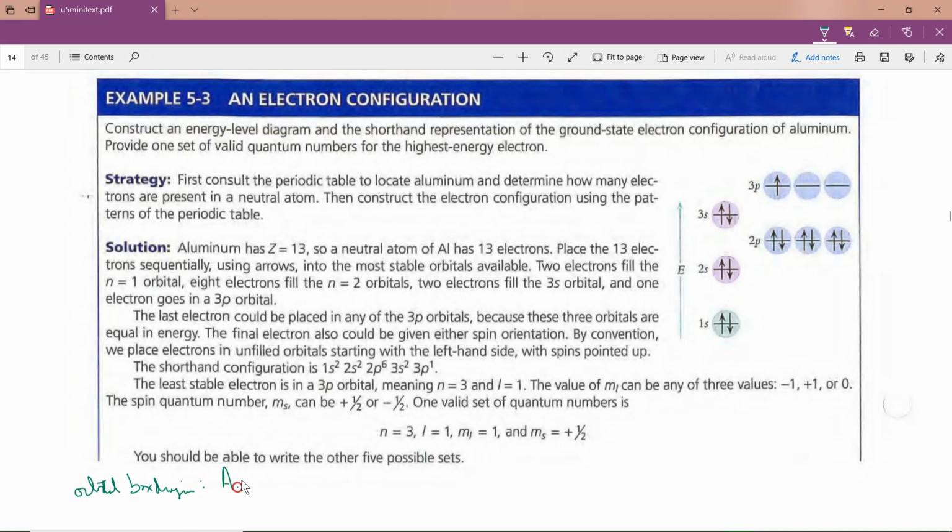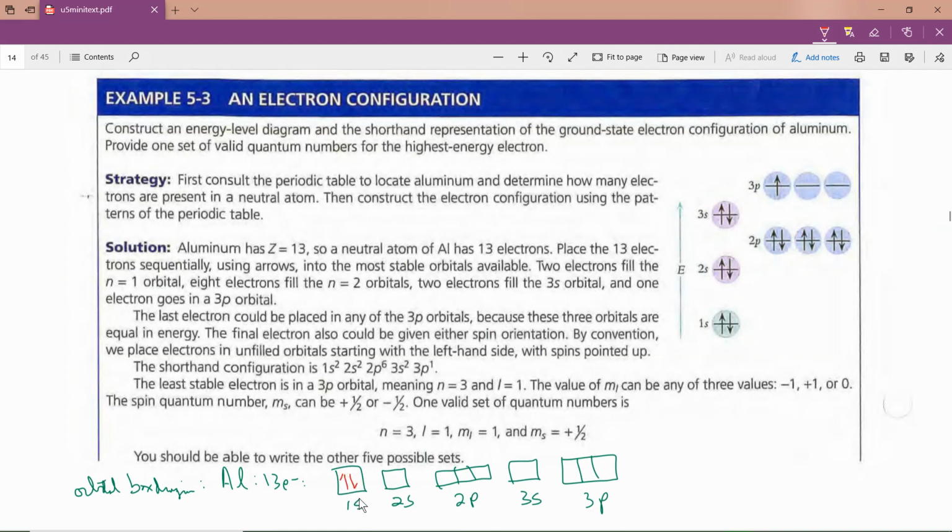So aluminum, 13 electrons. So I'm going to have 1s, 2s, and the 2p, and then the 3s and 3p. So you write your subshells and you put these little mini boxes which represent the orbitals. So there's 13 electrons. So watch this. Let's change the picture here. Color. So I have one electron spin up, one spin down.